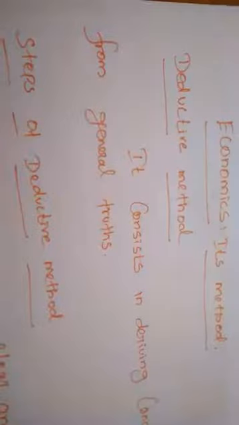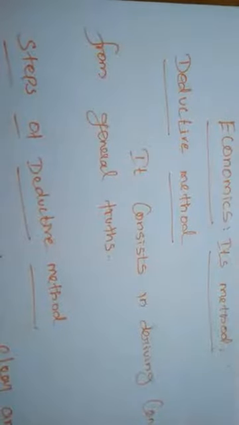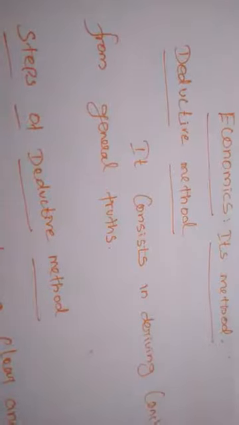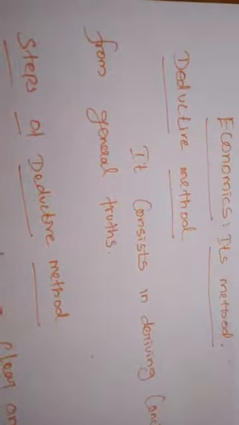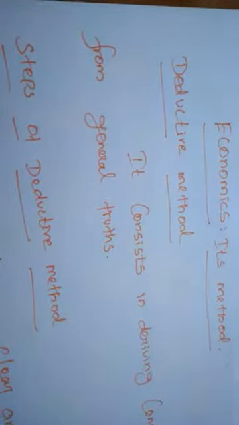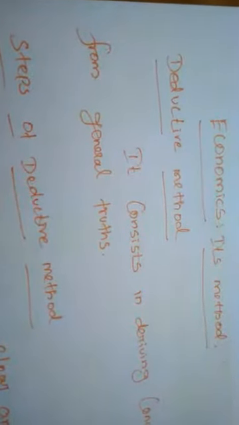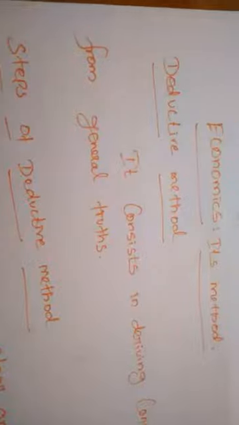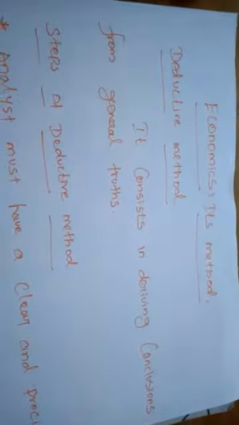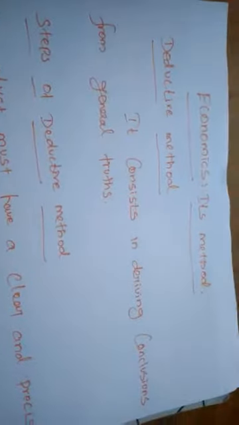The deductive method is also named the analytical or abstract method. The deductive method consists in deriving conclusions from general truth. If you want to derive one conclusion, we have to deduce from many general truths.